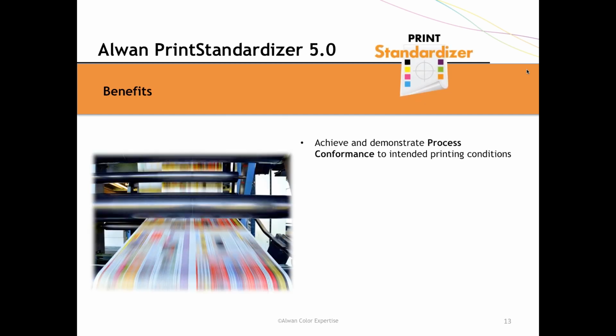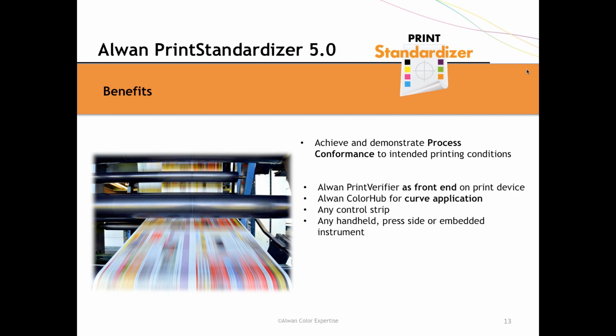The benefits of Alwan PrintStandardizer are to have, in a simple way, process conformance to the intended printing conditions. It can work with Alwan PrintVerifier, the product I'm going to introduce afterwards. So then Alwan PrintVerifier is used as a front end near the printing device in order to input data to PrintStandardizer.